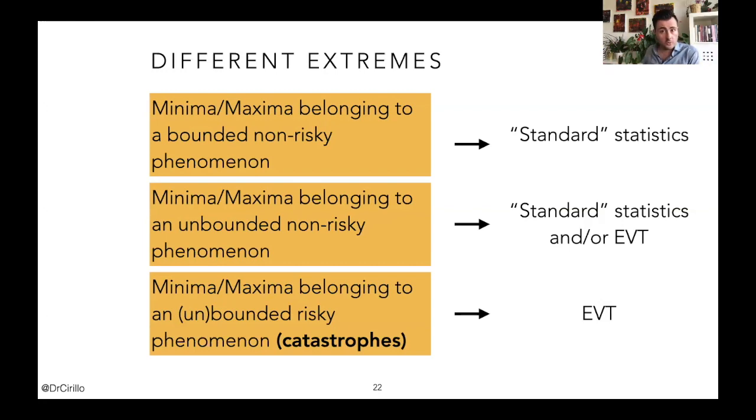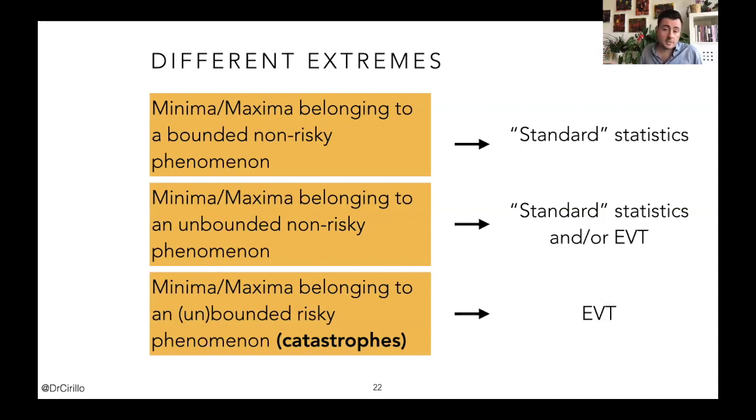If you look at the data, I will show you that you might be inclined to think that you are looking at a phenomenon that is extremely erratic, up to the point that the theoretical distribution that could represent the phenomenon does not have a finite mean. So you're really considering something that can generate an infinite number of casualties.